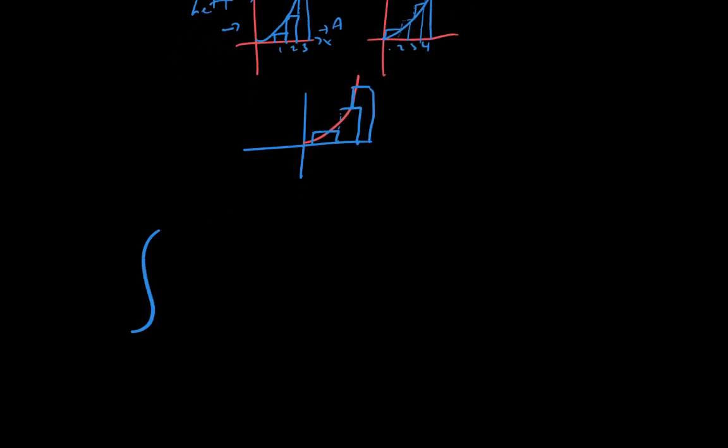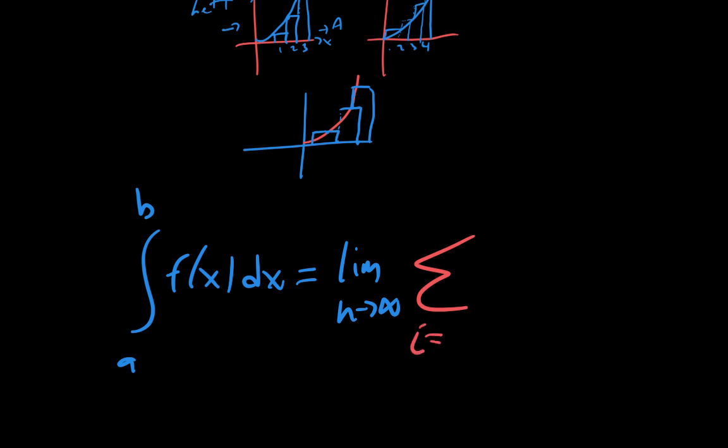So we write it like this: the integral from a to b of f of x dx is equal to the limit as n approaches infinity, and then we have this infinite sum, and this is like the height of the rectangle, and this would be the width of the rectangle.